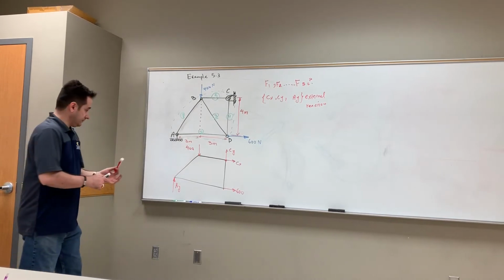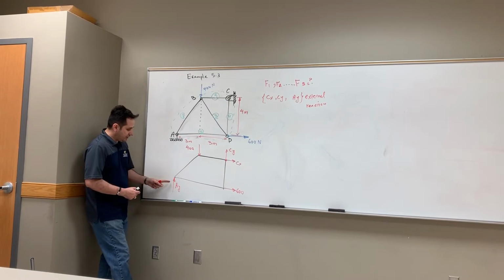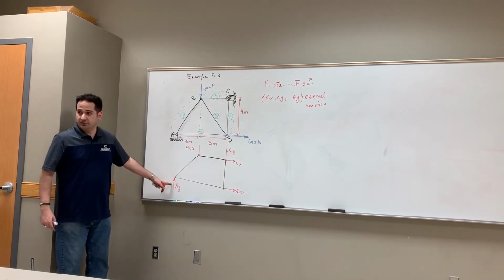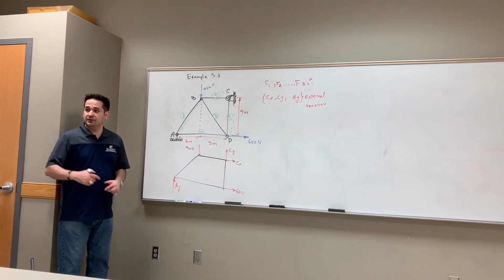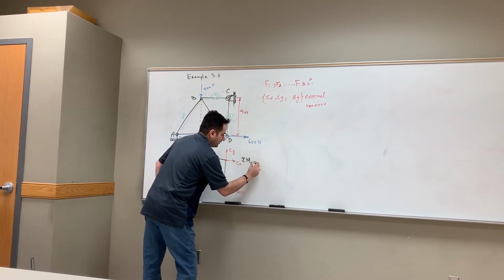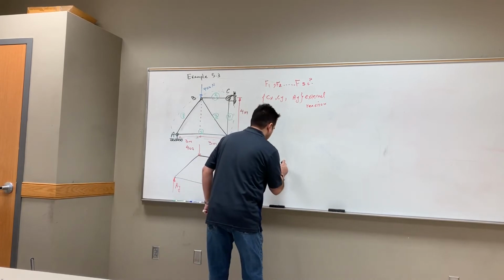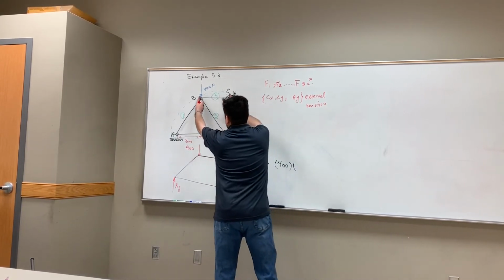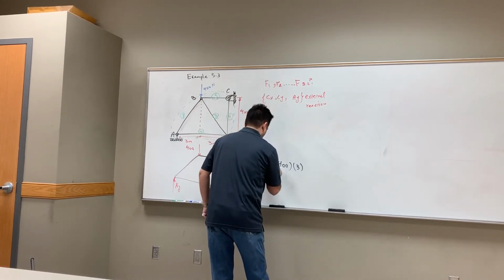Now, let's say I just want to find AY. So what should I do? Moment around C. The summation of moment around C is 0. That gives me 400 times this distance, which is 3, positive or negative? Positive.